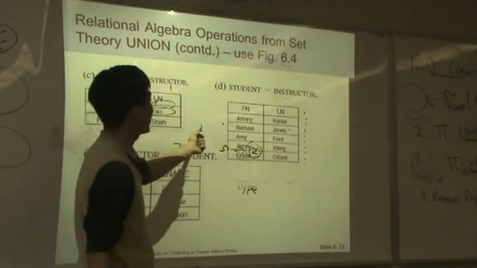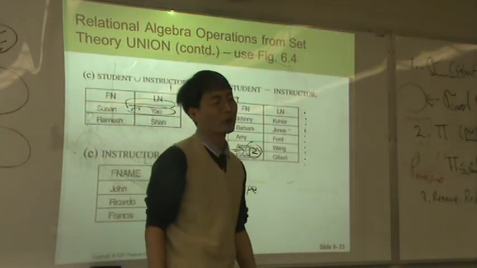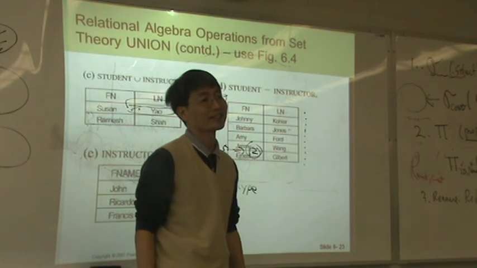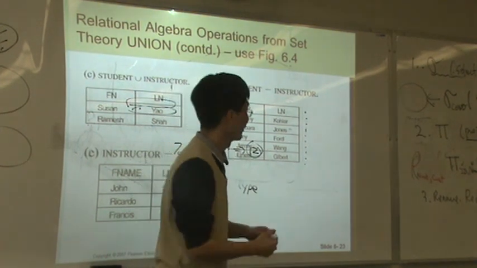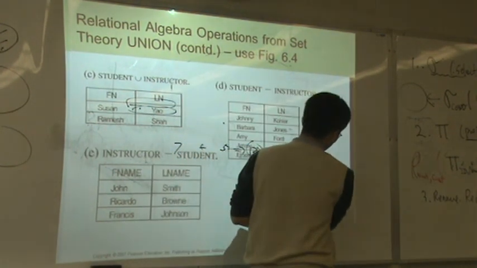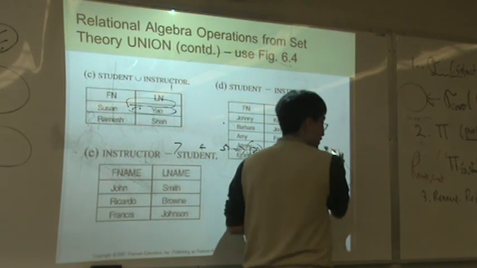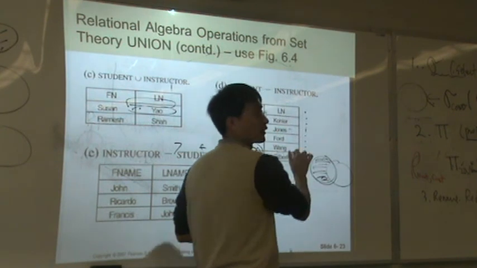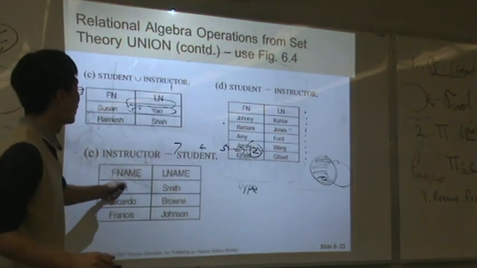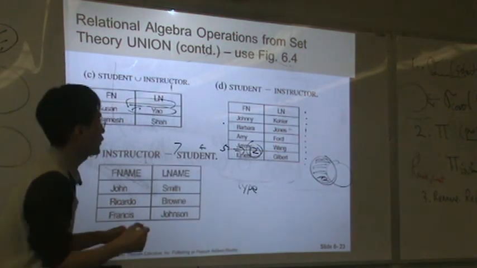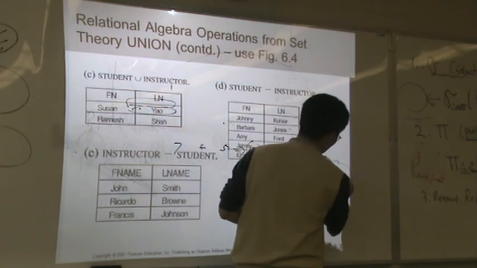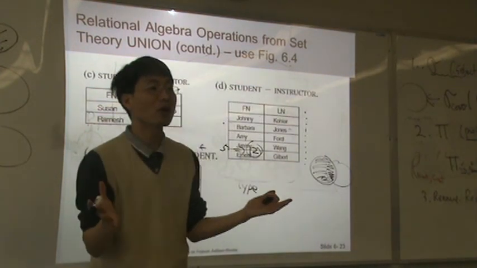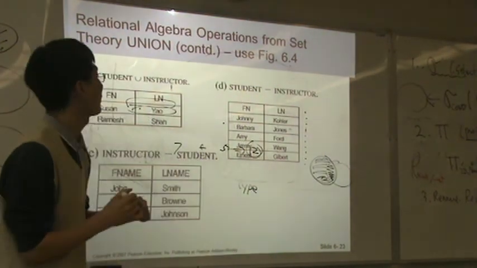And minus. We don't have to worry about duplication in minus, right? Because minus means this one. If this is not redundant, there's no redundancy. Even intersection, the intersection part is a subset of the relation, so you don't have to worry about it.